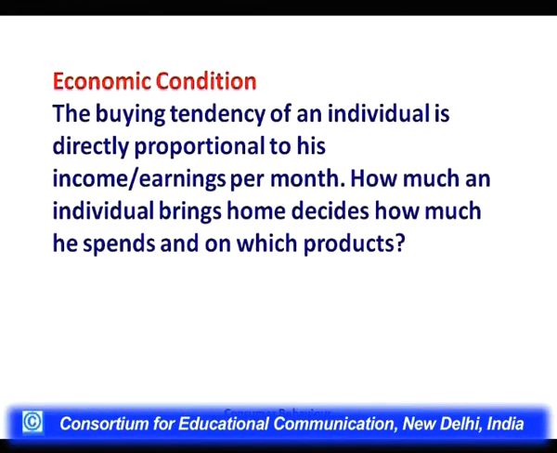Economic condition. The buying tendency of an individual is directly proportional to his income, earnings per month. How much an individual brings home decides how much he spends and on which products. Here we are discussing the income of a person, the economic condition of a person, which is a deciding factor for the purchase of a particular product.